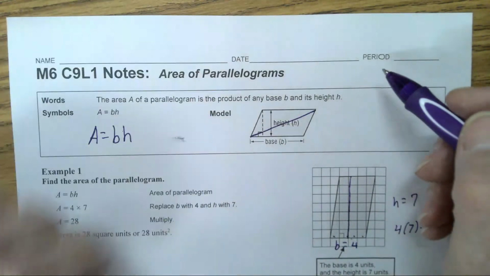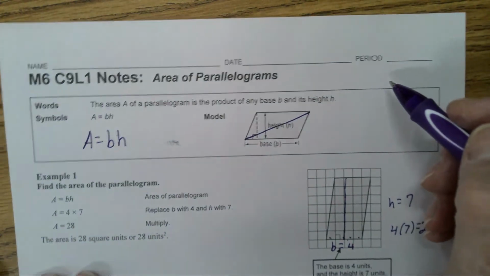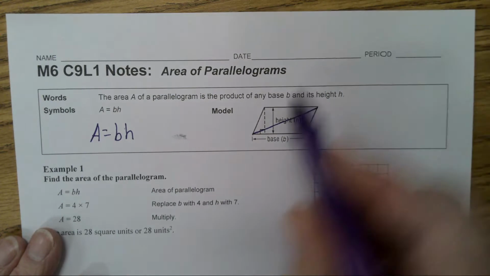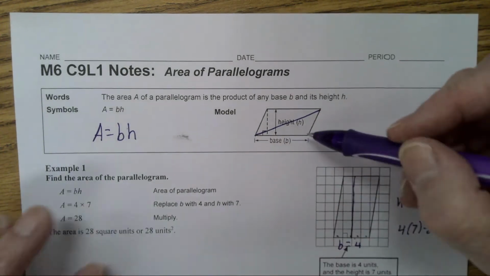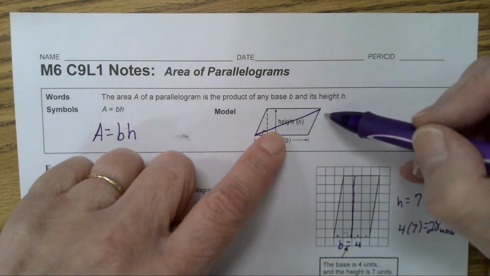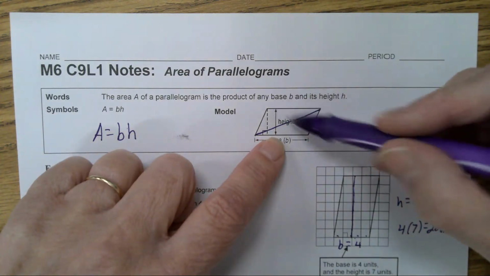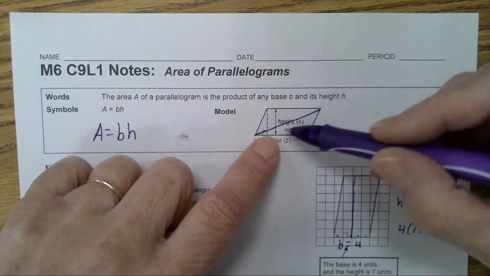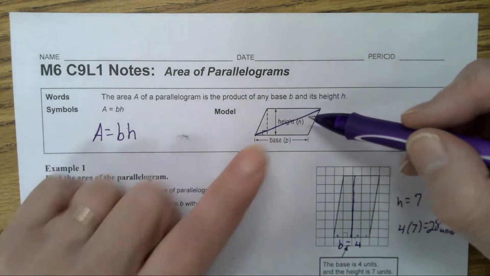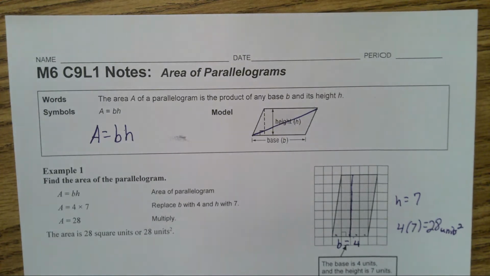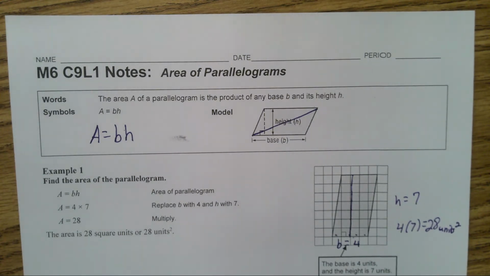So the formula for a triangle is base times height divided by 2. The base is here, and what's the distance from the base to the highest point? But it can't be the slanting line, it has to be vertical. It's the height. How tall is this triangle? Well, the straight height is the same as the straight height of a parallelogram. So you just divide it by 2. Think about it. It's a parallelogram cut in half. That's why we divide it by 2.